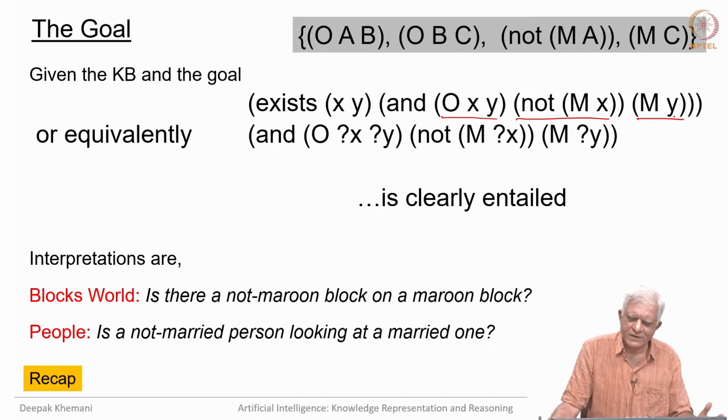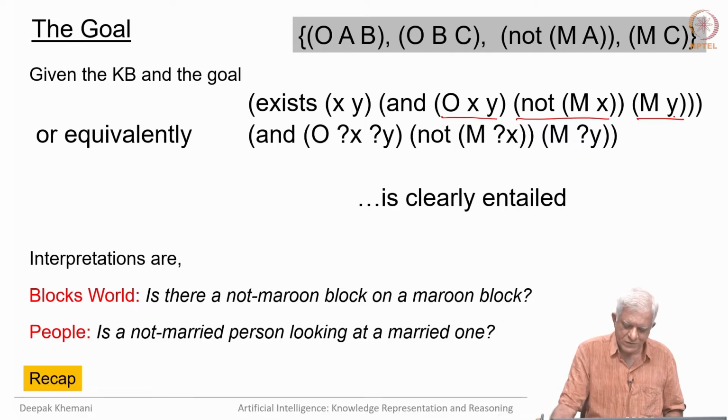So, in each of those 2 cases, the statement is true, but we still do not know what is the color of B, and we do not know which non-maroon block is sitting on which maroon block. What we do know, what we can infer using logic, is that some non-maroon block is sitting on some maroon block, even though we do not know which one.